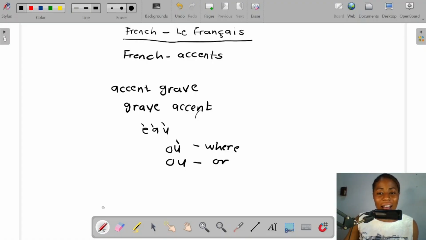So the accents, as I said, are very, very important. When you omit an accent, it means you are saying a different word altogether. Because now you've seen that OU with an accent grave is giving you where, whilst OU without an accent grave is giving you or.